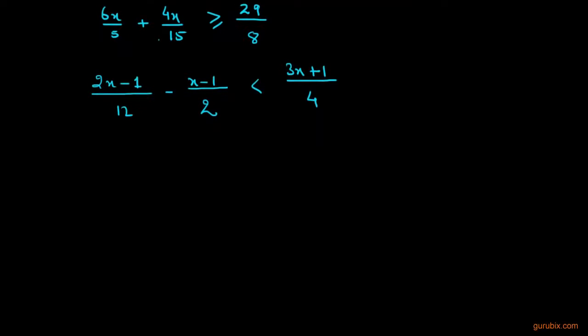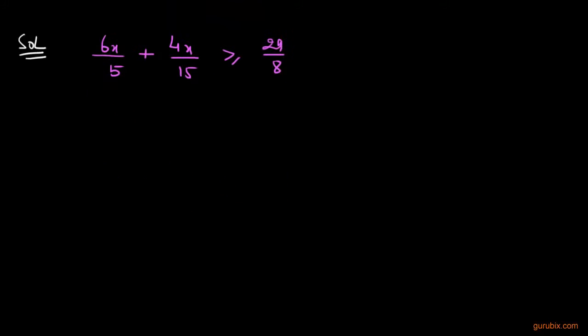First of all, we shall start with the first linear inequation, and in that we are given 6x over 5 plus 4x over 15 greater than or equal to 29 over 8. Now we shall take the LCM of the left hand side of the inequality, and the LCM will be 15.